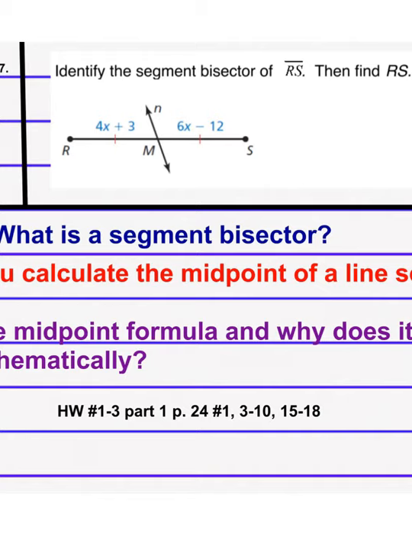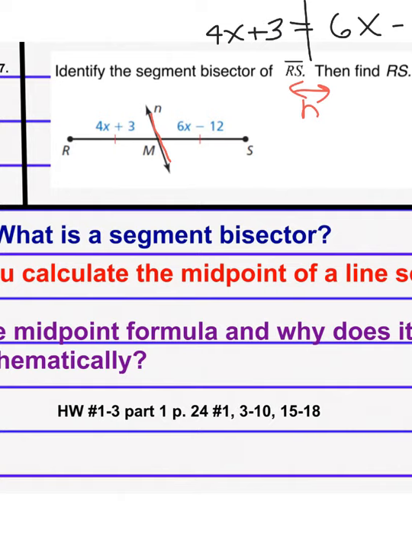Okay, example 7, you should be able to do this one on your own, but I will walk you through it if you need help. Identify the segment bisector of line segment RS, then find RS. So the segment bisector is this line right here, which is line N. Then to find RS, you should be setting 4x plus 3 equal to 6x minus 12 and solving for x.